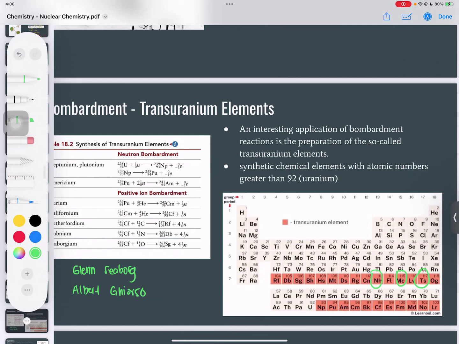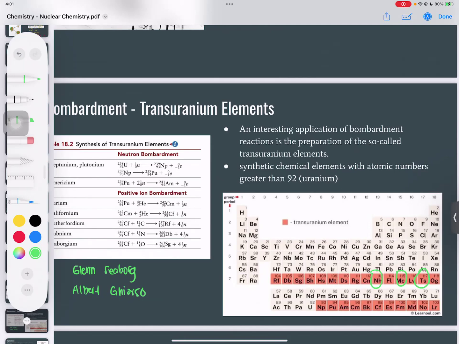So how did they find out that it existed? Because its existence was already predicted when the periodic table was created.